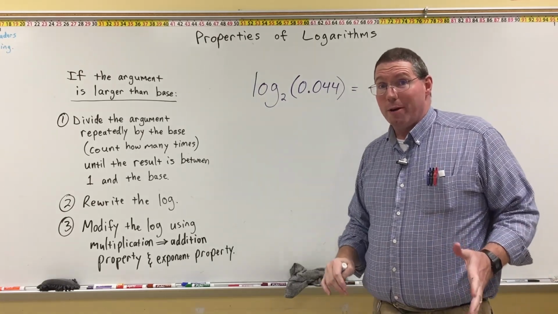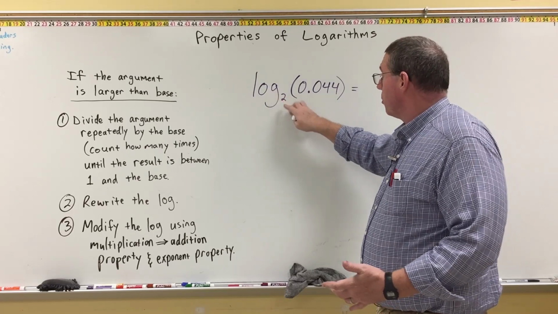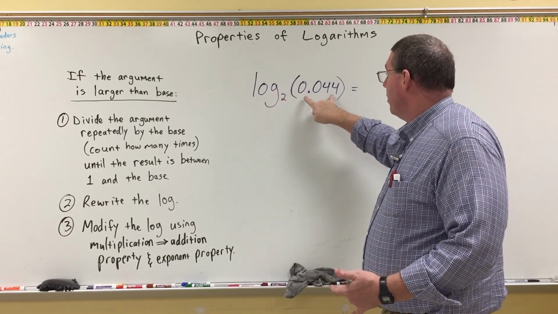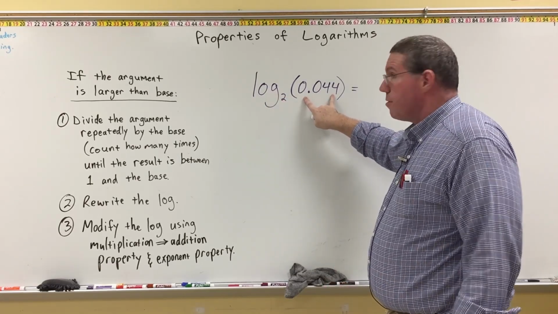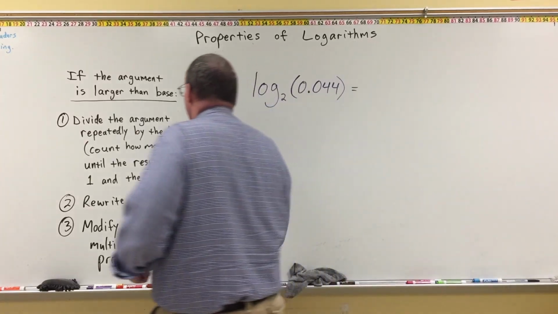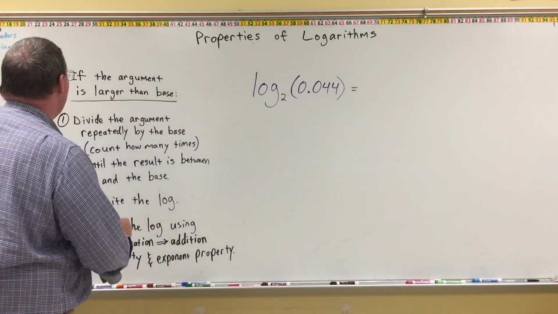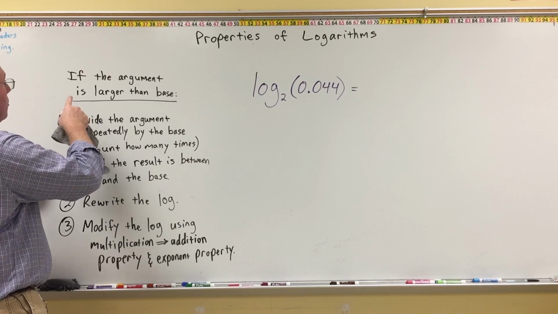All right, now we're going to do an example that's sort of the opposite, okay? Now we have a situation where we're going to do a log where the argument is smaller than 1, okay? Smaller than 1. Okay, so in this one, we're actually going to have to use the division property, okay? And so here's what we're going to say.